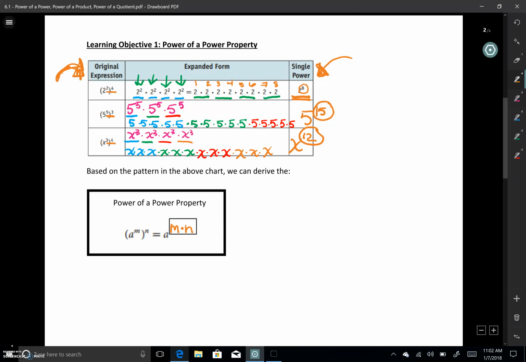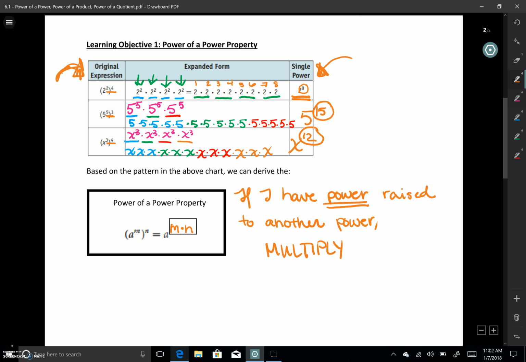So basically, if I have a power, which again is an expression written with an exponent, raised to another power, multiply the exponents together. And also note that you're going to keep the base. Okay? And that's power of a power property.